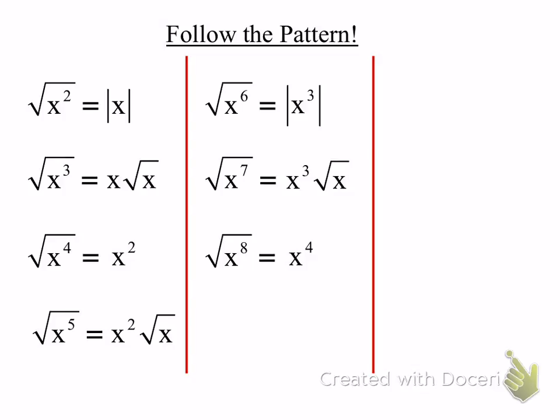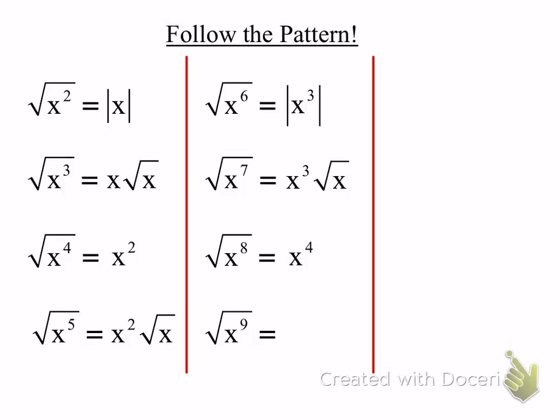Okay, x to the ninth. Yes. X to the fourth, radical x. Perfect. Because isn't it x to the eighth times x? Go to the closest even number down. And that would be x to the eighth.